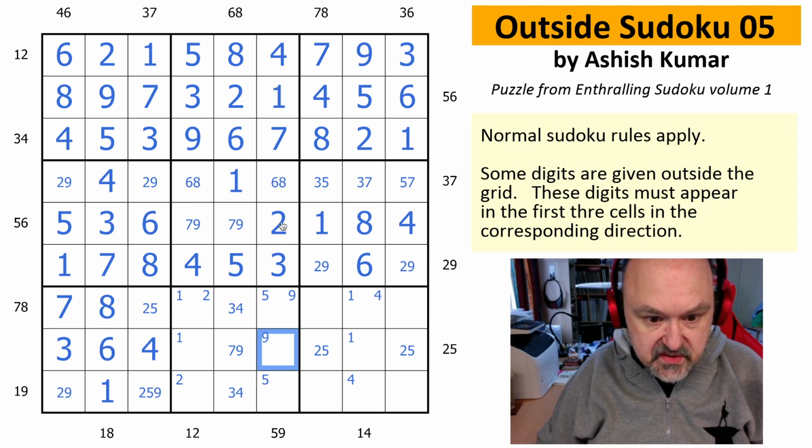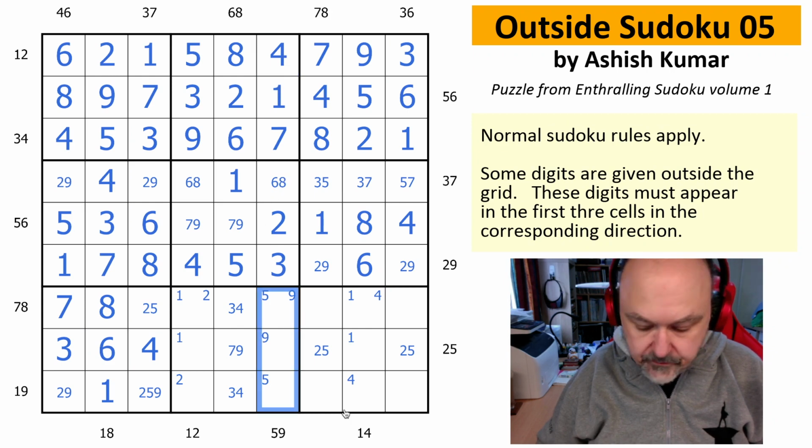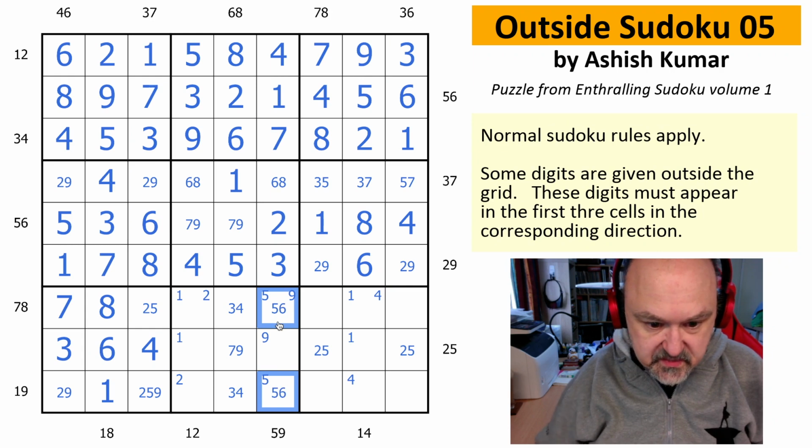This is 4, no, 4 is there, 5, 6, 8 and 9. So we've got 5, 6, but that's not a pair because of the 6 there, 8 and 9.